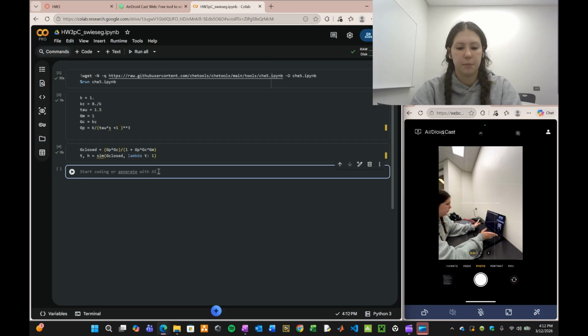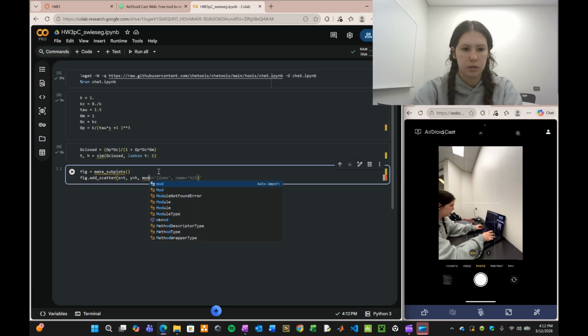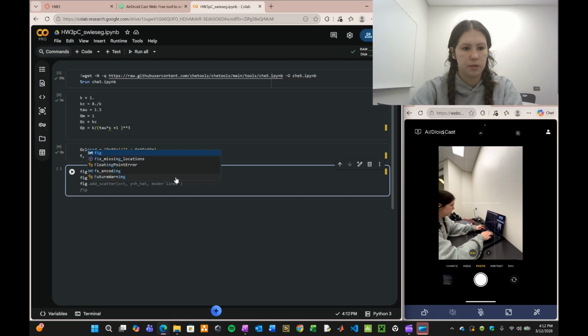And then we can just plot this out. So fig equals make_subplots, and then fig.add_scatter, and then we want our x to be time, our y to be our height, and then mode to just equal lines. I think that's all we should need, and then we should be good to just plot.